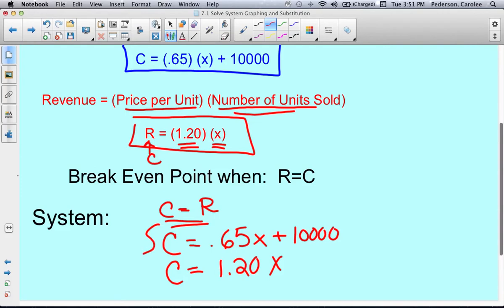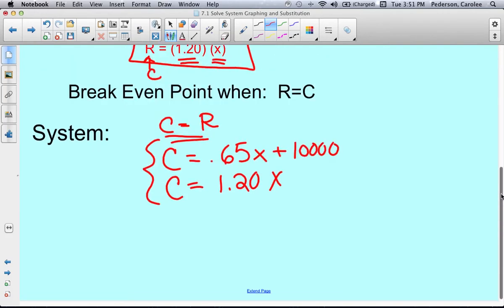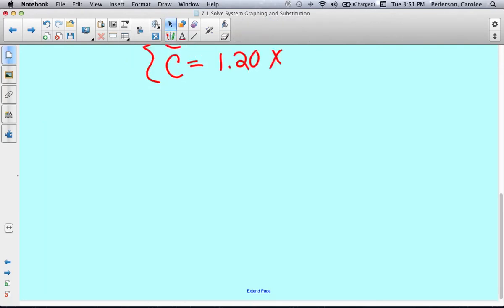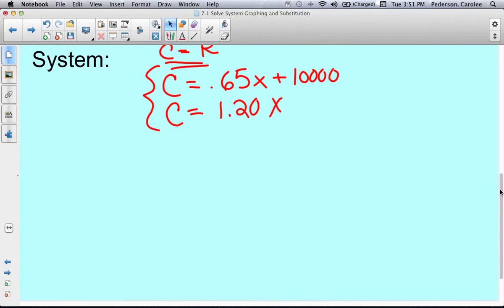So here is our system that we're going to solve. So we could either graphically find their point of intersection or use substitution method. So I'm going to choose substitution method.